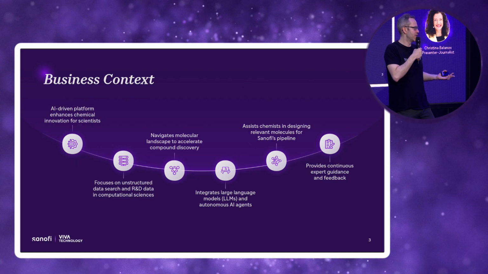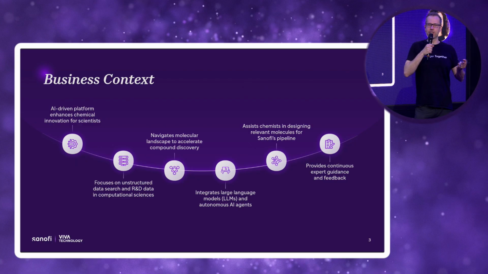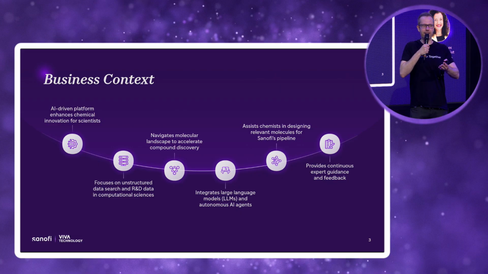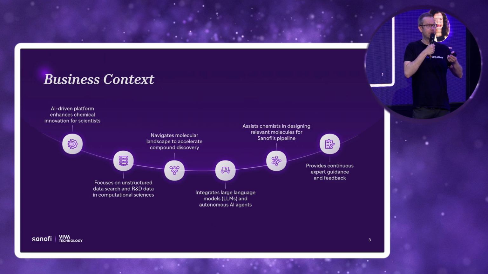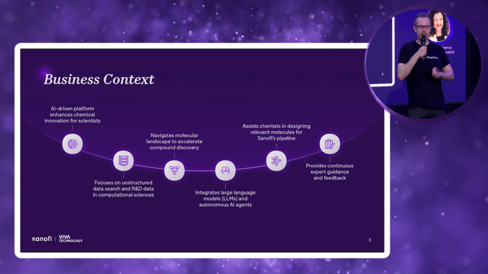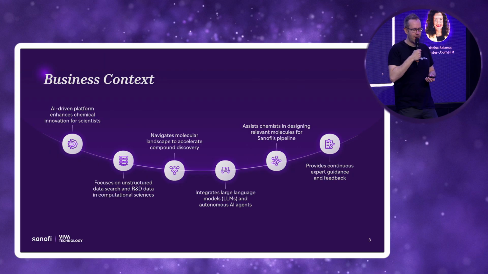Also, and you know this from your own usage at home with ChatGPT, you can ask a question, and then you can ask back why. And then you are getting a reasoning from the model why you got this answer. So you have not only these abilities, you also have reasoning and explainability included in the model.